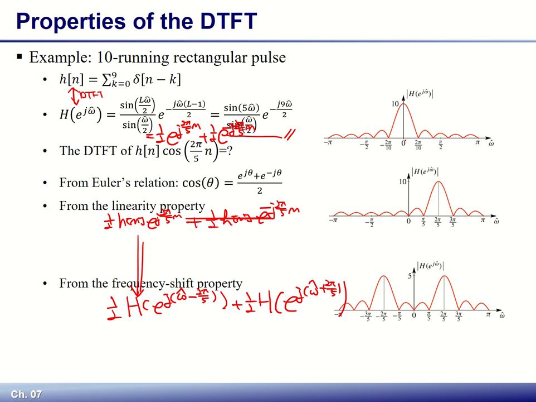So this is H(e^{j omega hat}), and here is the shift by 2 pi over 5. So only this part will be this.